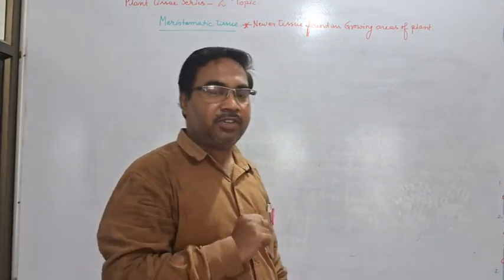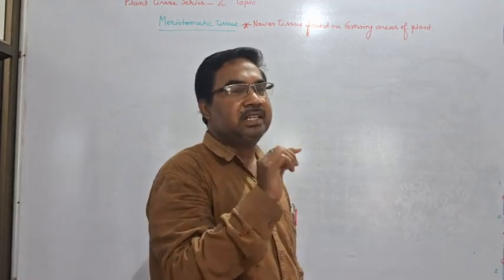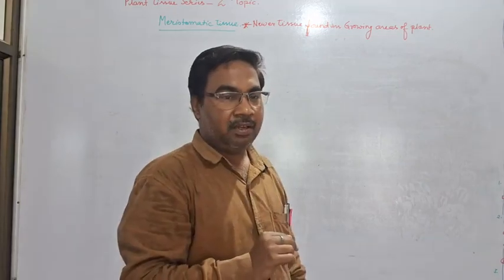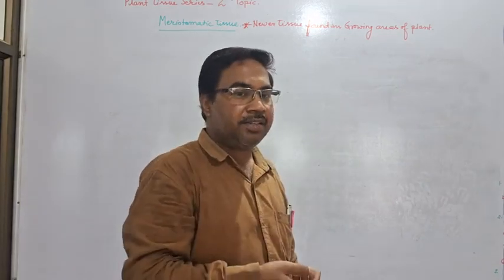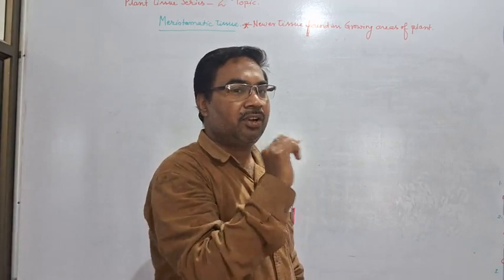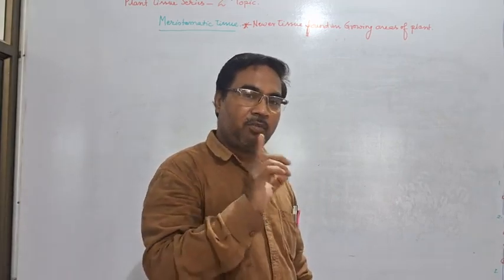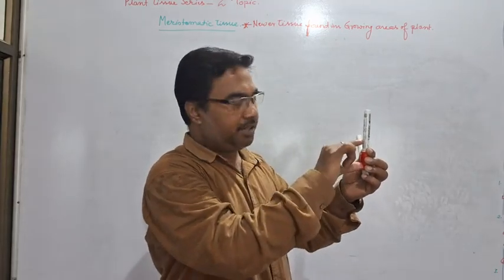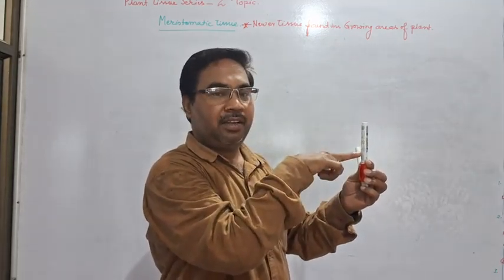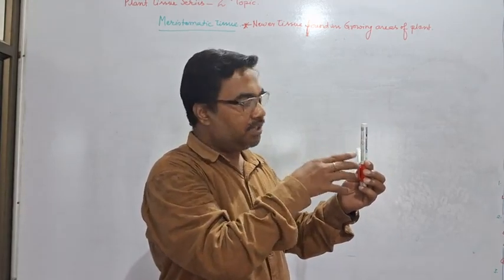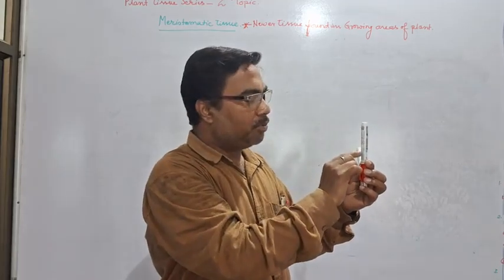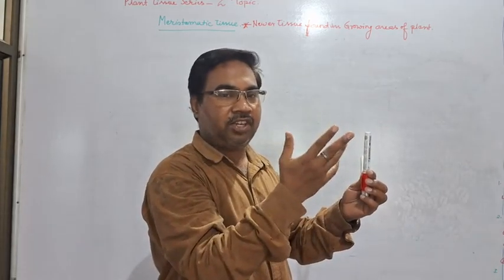Once there was a question: if we insert a nail at 1 meter height of a stem, after 3 or 4 years, what will be the position of that nail? Here the point is very clear. If we insert a nail at the height of 1 meter in any stem, the stem will grow in the next 4-5 years, but the position of that nail will not change. Why?